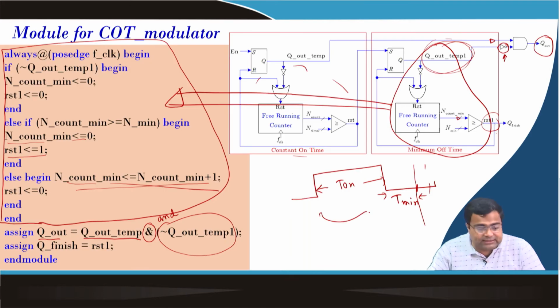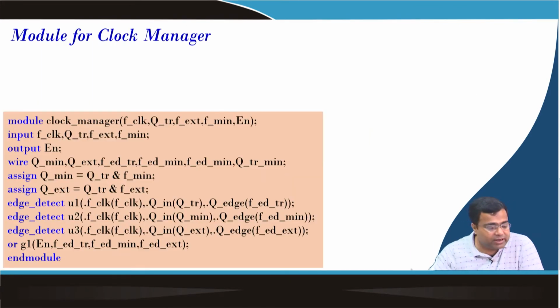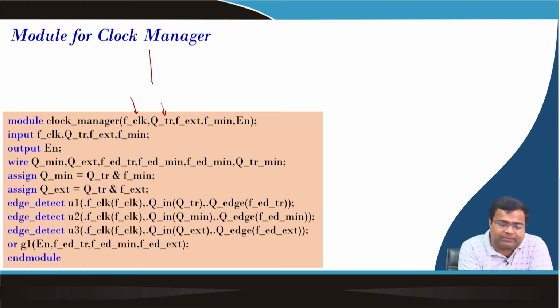Next is the important part: how do you generate this enable signal? This is where it is coming. The enable signal generation requires a high frequency clock and QTR, which is the comparator output, because we have taken the voltage comparator. Assume this is the output voltage and the reference voltage.